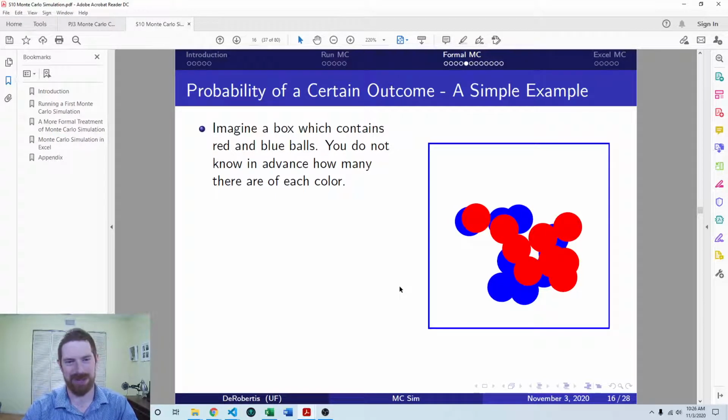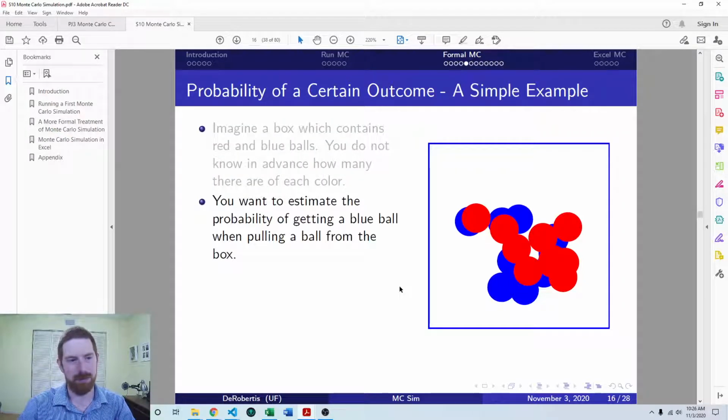You have some box here, and this box has red and blue balls on the inside, and you can't see what's inside the box. You don't know how many red balls and how many blue balls there are in the box. What you want is an estimate of the chance that when I reach in to pull out a ball, I'm going to get a blue ball.